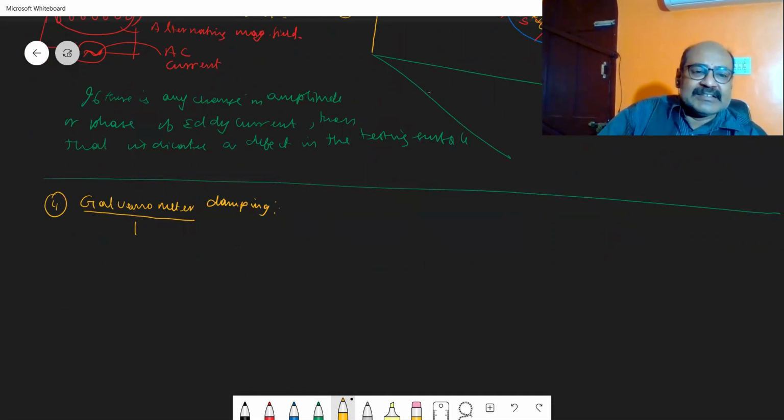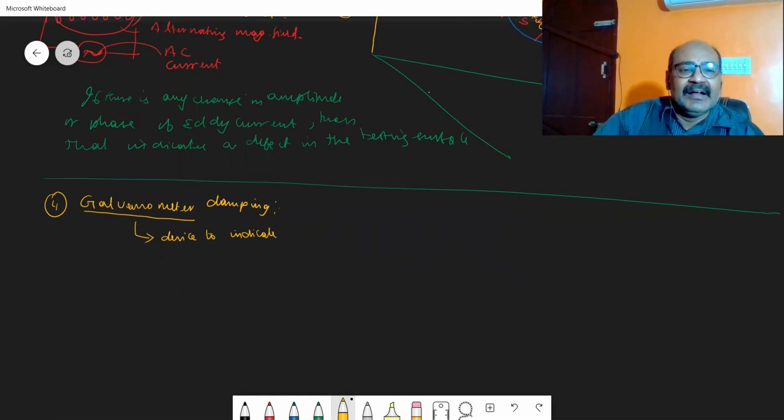A galvanometer is a device to indicate the flow of electrical current. Also, this device is used to measure current. Also, it's used to measure what? Measure the value of current.